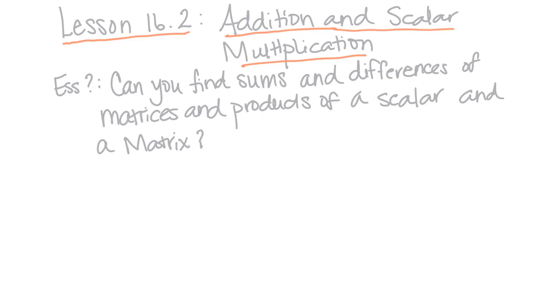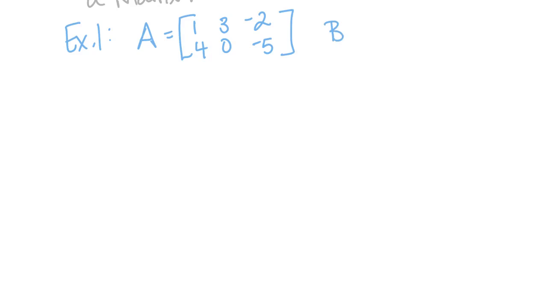So let's focus on our sums and differences first, and we are going to look at example 1. Example 1 is going to give us an A, 1, 3, -2, 4, 0, -5, and a B, 3, 1, -5, 0, -7, 2.